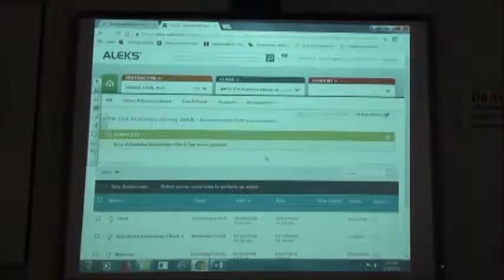Type in work study, and then work study 1. Work study with the number 1. All right, go up here on the drop down, go into statistics, and go here, and go to student fields, and enter.